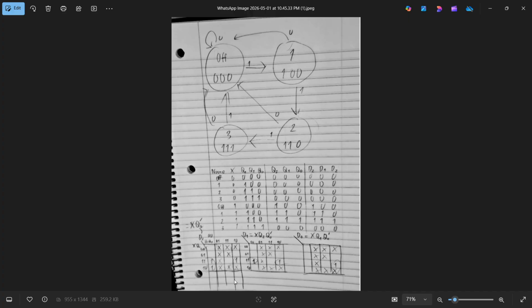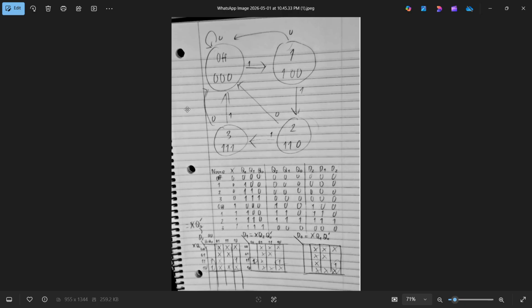Now I am going to demonstrate the Logisim circuit. So this is the Logisim circuit: 3 D flip-flops, 1 input X, and a demonstration of the Mustang tail light.